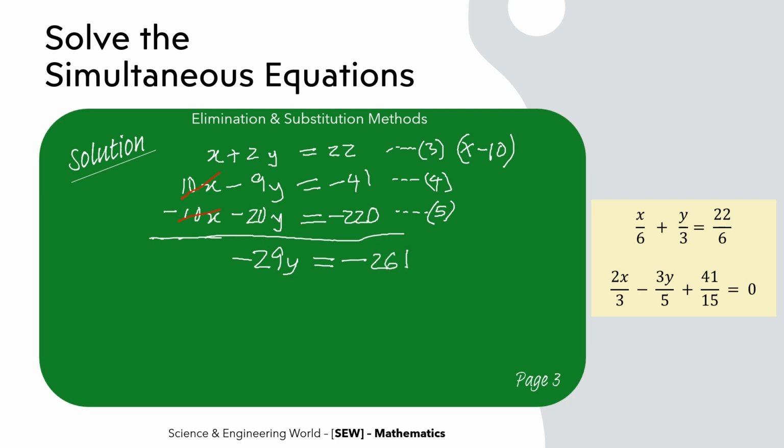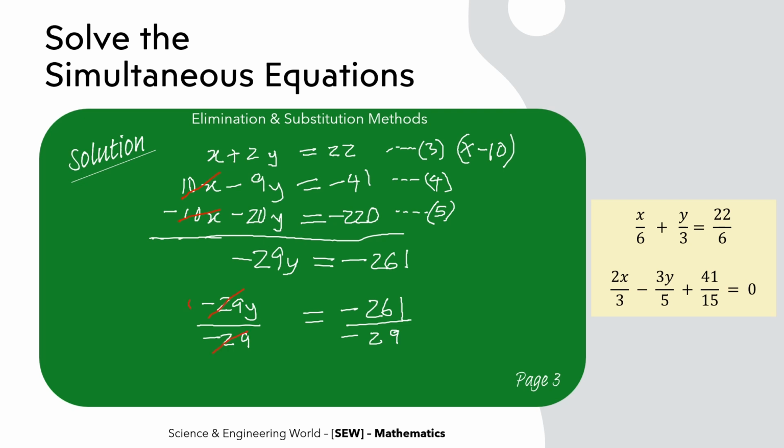Finding y from here, minus 29y over minus 29 will be equal to minus 261 divided by minus 29. Minus 29 over minus 29 will give us 1. So we have 1 there.